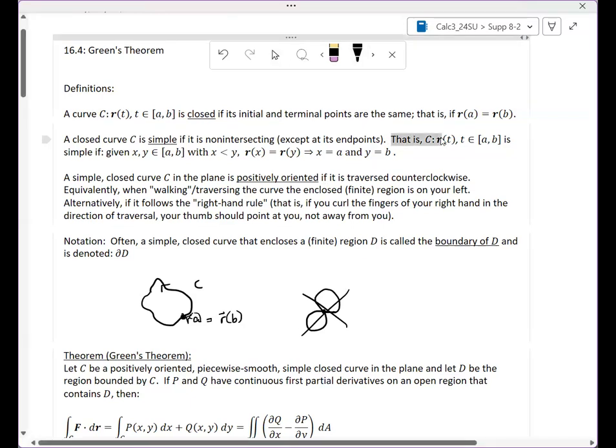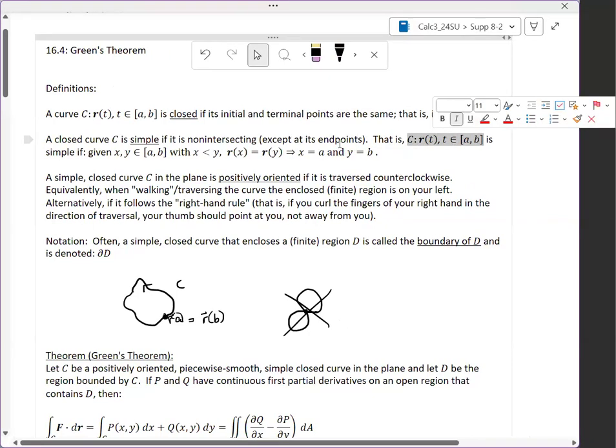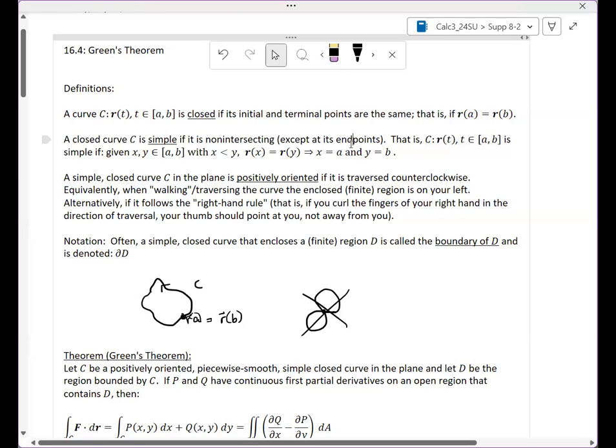And if we want to be more precise about what we mean by a non-intersecting curve, we say that again, if we have our curve parameterized by r of t going between a and b, this is simple if given x and y in closed [a, b] with x less than y, r of x equals r of y implies that x equals a and y equals b. In other words, the only time that our curve in some sense intersects itself is at those two endpoints where the curve comes back together. So it never really truly intersects itself.